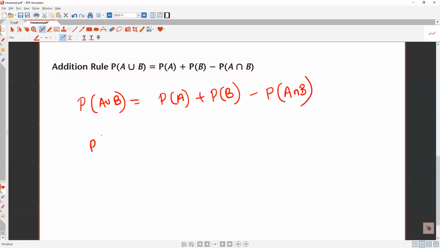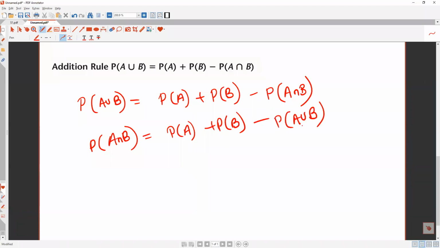You can write it like this as well: probability of A intersection B is probability of A plus probability of B minus probability of A union B. This is one of the formulas you are supposed to know.